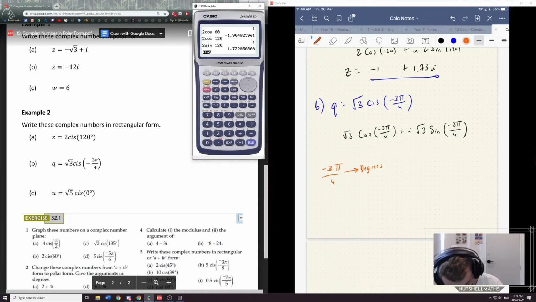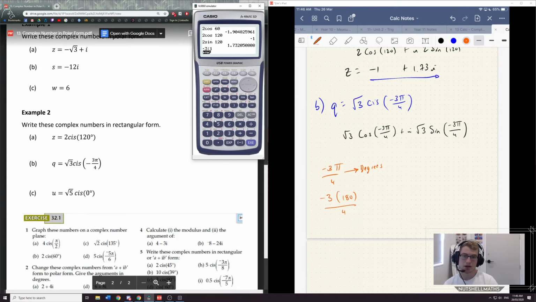So to convert it to degrees, we can just say minus 3 like this, because pi by definition in degrees is 180 degrees. So we can replace pi with 180. Let's calculate this. Minus 3 times 180 over 4 is minus 135.